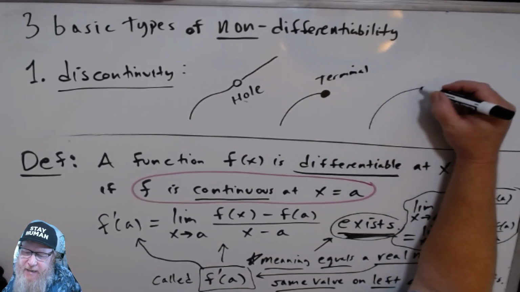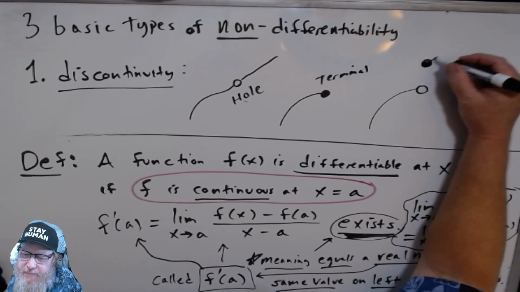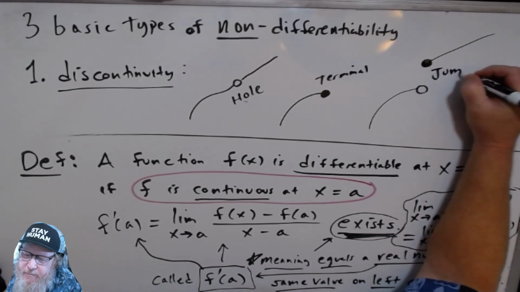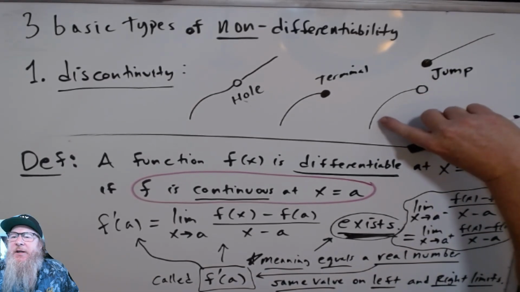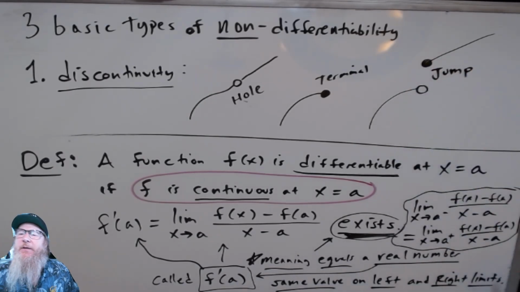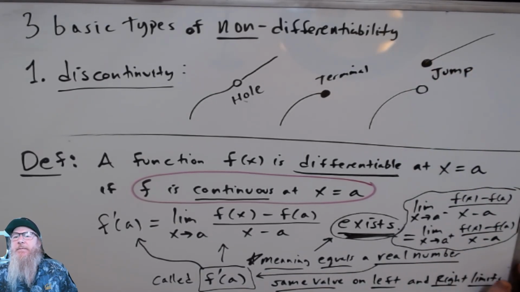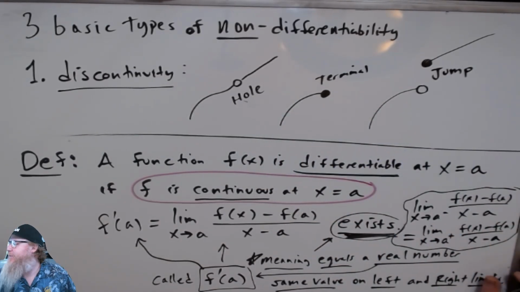Or the other type of discontinuity is sometimes called a jump discontinuity. It's where the graph goes to a certain point, and then it has a hole, and then it jumps up to another point. Okay. So these are all very common types of discontinuity.